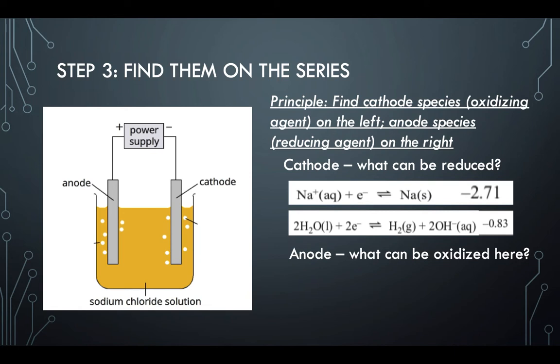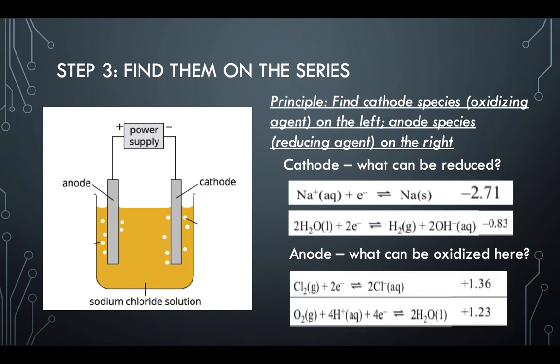Can both chloride and water be found on the right-hand side of your electrochemical series? Yes, you can. Okay? So you notice that there are two equations regarding water, but one water is on the left, one water is on the right. This is where we must have an invisible wall in between so we don't confuse them.